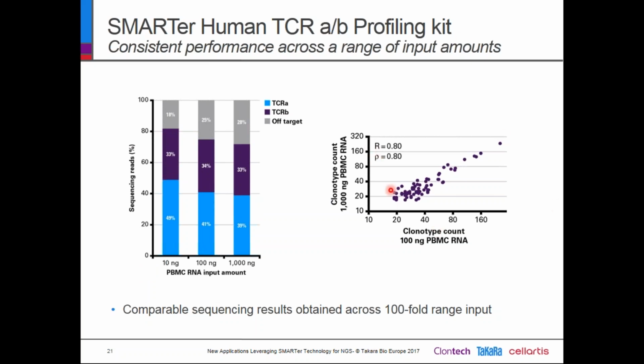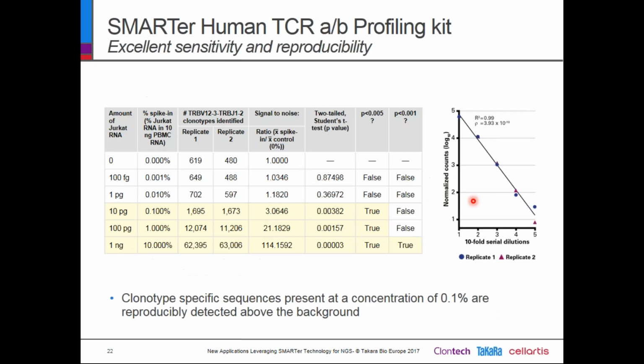And when we analyze the correlation of the top 100 clonotypes identified in two experiments, one using 100 nanograms and the other 1 microgram, we see that the correlation is very high. So this shows the robustness of our approach.